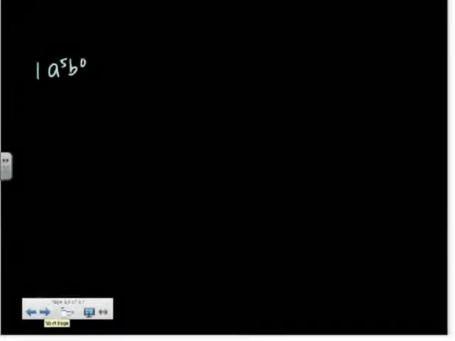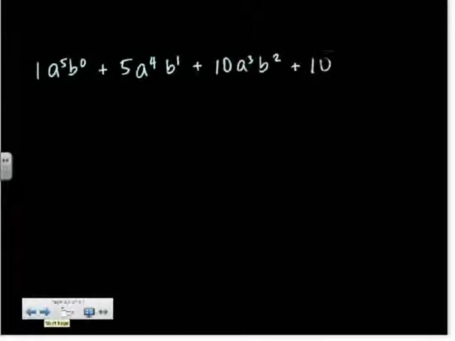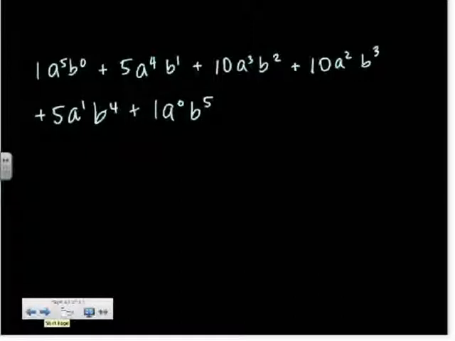And eventually, the whole thing will be equated to 1 times a to the power of 5 times b to the power of 0, plus 5 a to the power of 4 b to the power of 1, plus 10 a to the power of 3 times b to the power of 2, plus 10 a to the power of 2 times b to the power of 3, plus 5 a to the power of 1 times b to the power of 4, plus 1 a to the power of 0 times b to the power of 5.